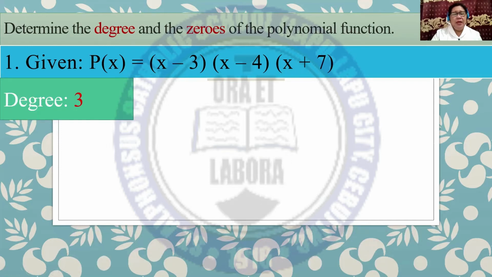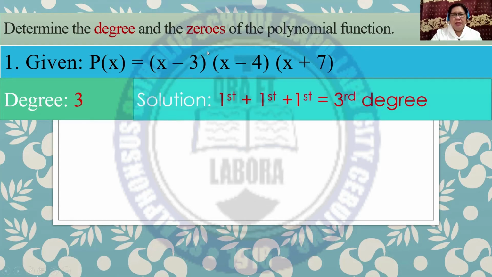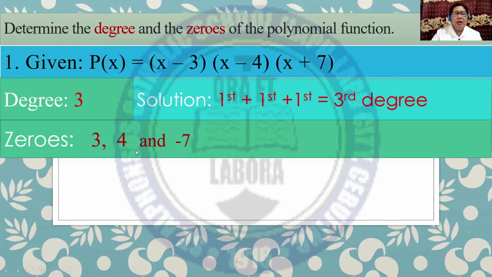For the degree, it is 3 because the first binomial factor is in the first degree, the second in the first degree, the third one, it is also in the first degree. Just add 1, 1, and 1, so it is 3. So the degree is 3, or it is in the third degree. The zeros are 3, 4, and -7.